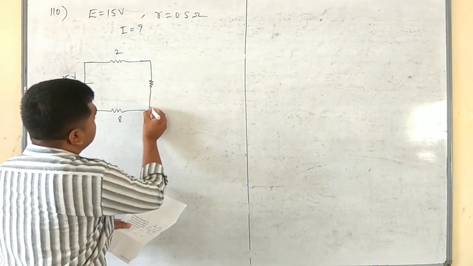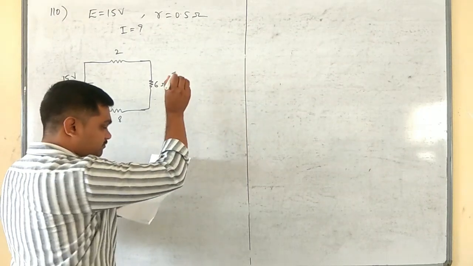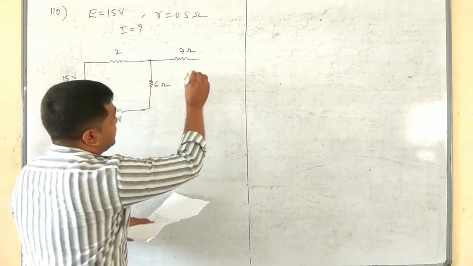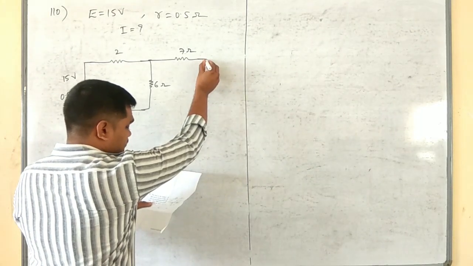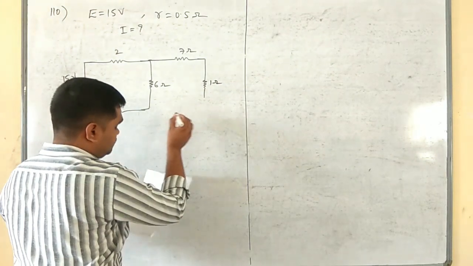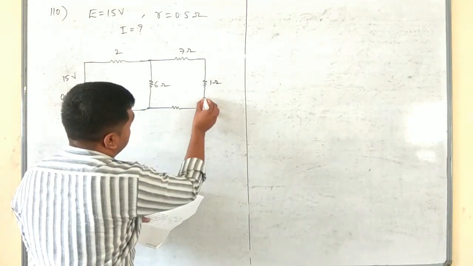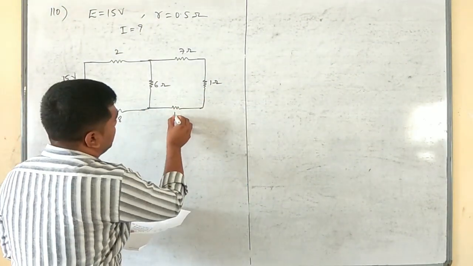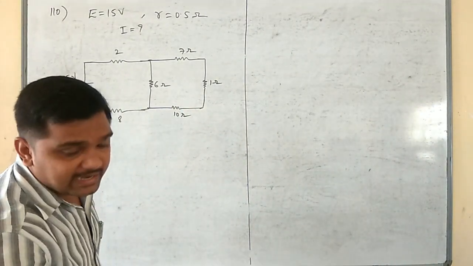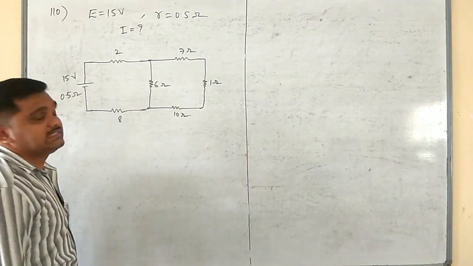Here is a 6 ohm resistor. There are 3 more resistors having resistance 7 ohm, 1 ohm, 10 ohm. We want to find out the current drawn from the cell.